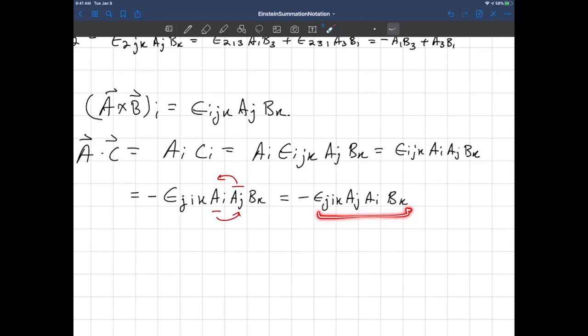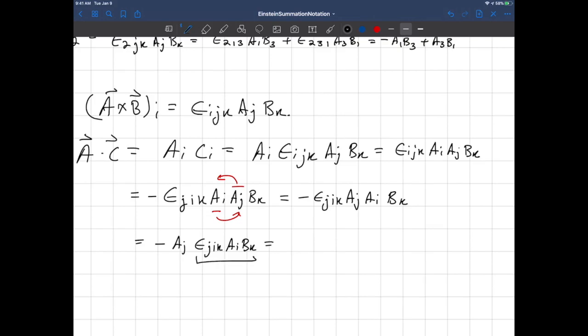Why is that? Well, let me write it one more step. Hopefully that will help. Now I'm going to write this as minus A_j out front, epsilon_jik A_i B_k, which is then what?